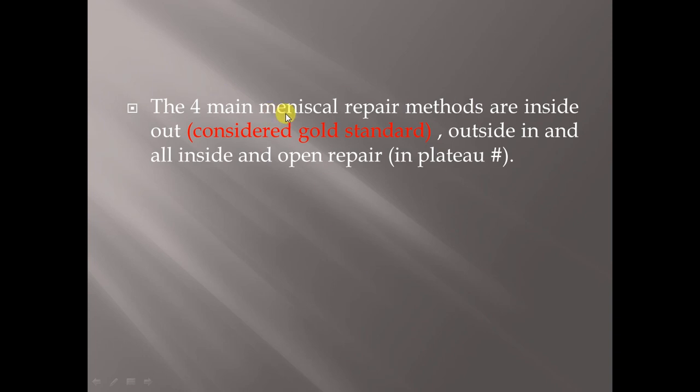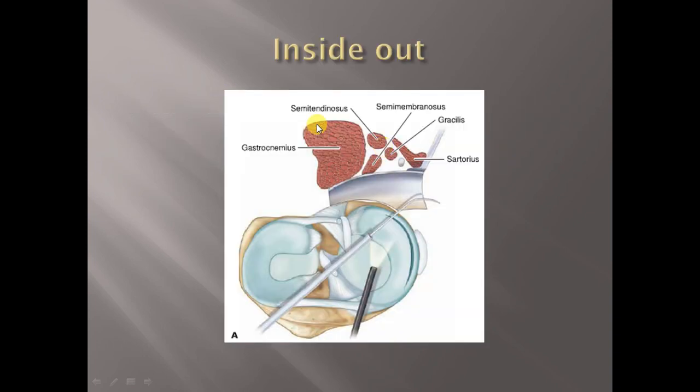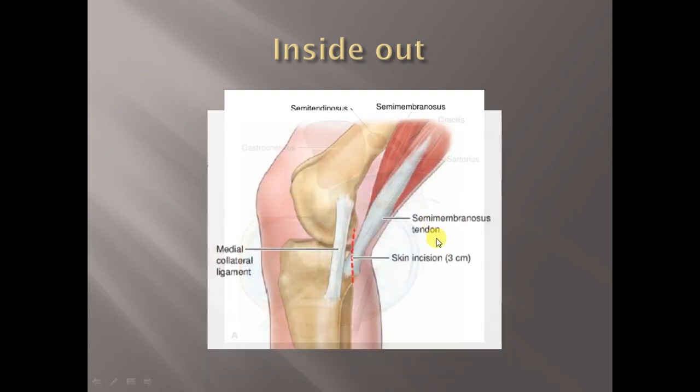There are 4 main types of meniscal repair. The inside-out technique is the gold standard. It means that you deliver the needle through the joint from inside and take it out under direct vision.